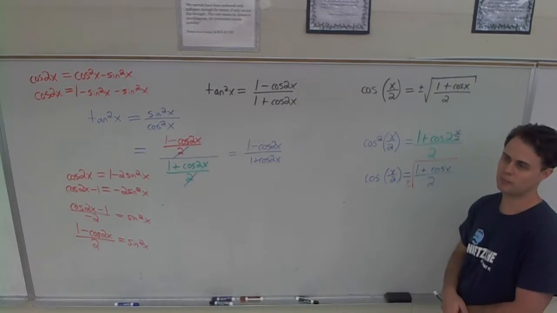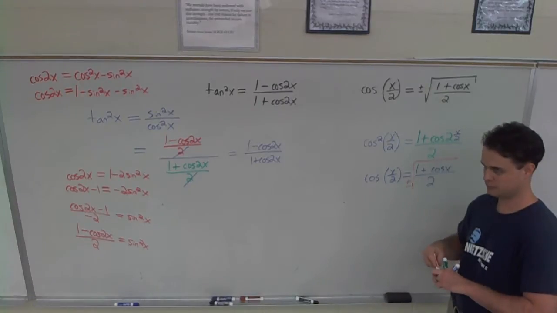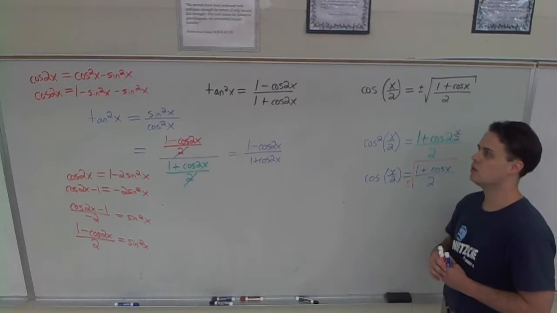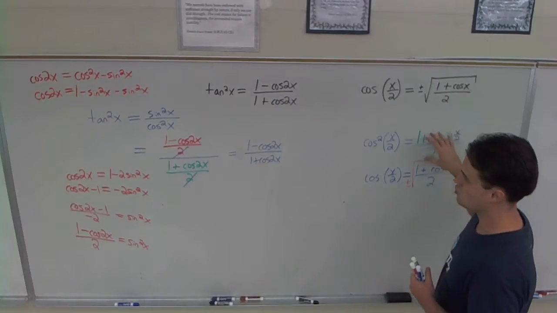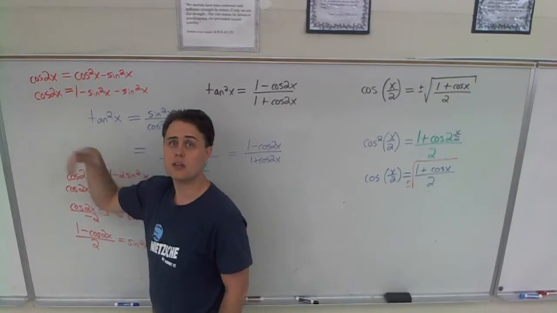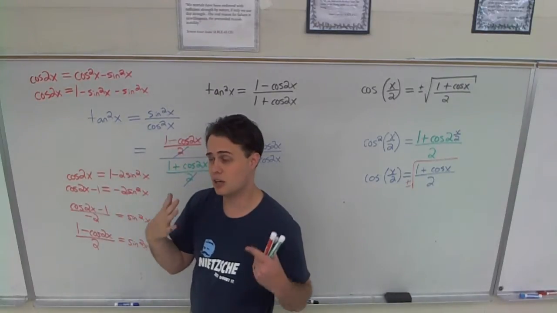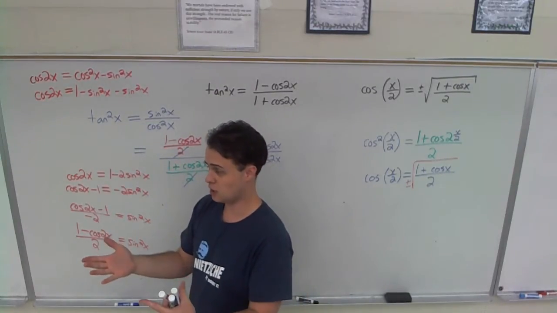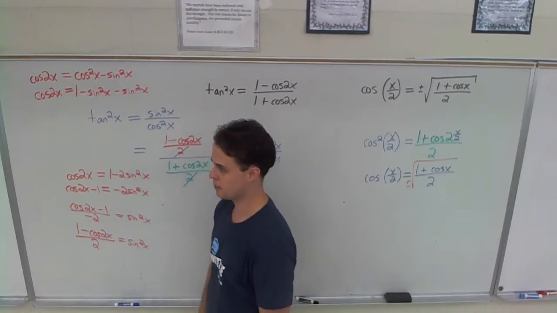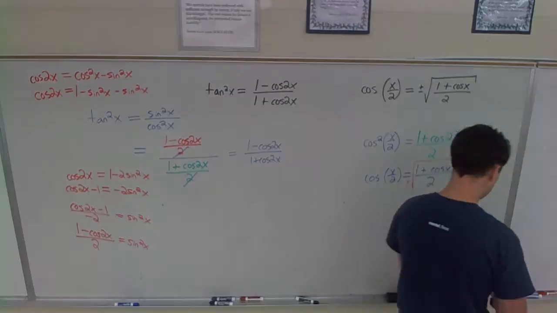That's where that came from. Okay. This all goes back to knowledge, remember, that we already had. This goes back to manipulating the cosine of double x, and that we got from going cosine of x plus x, like Emma was telling me at the beginning of class, using our cosine of x plus y identity. Okay? Let's look at a couple more problems.